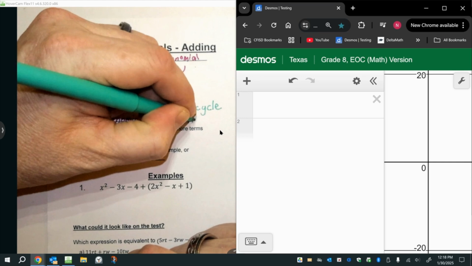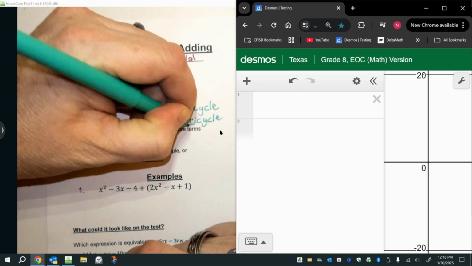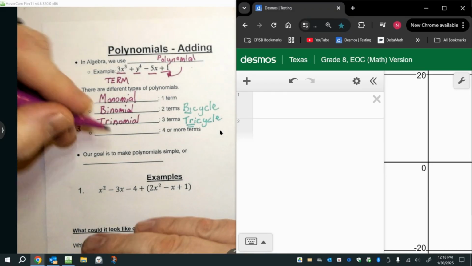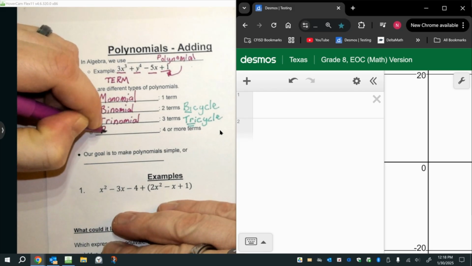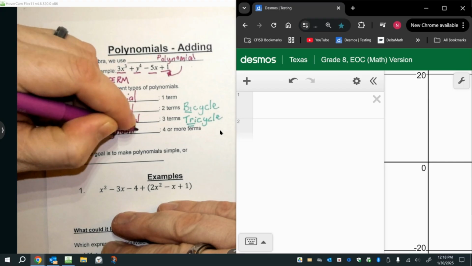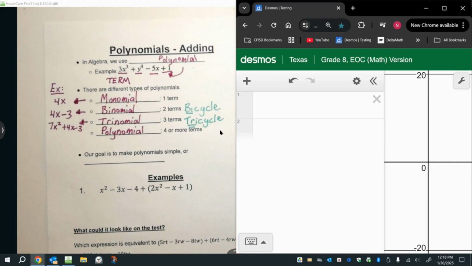Trinomial, like a tricycle. Something with 3. Okay. And then again, if it has 4 or more terms, we just call that a polynomial. So 1 term, 2, and 3 have specific names: monomial, binomial, and trinomial. And then 4 or more terms is a polynomial.